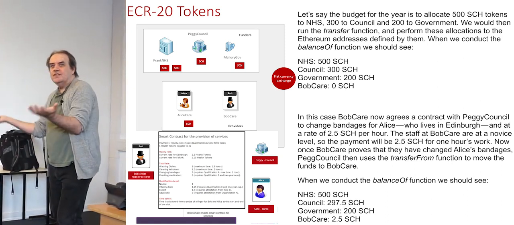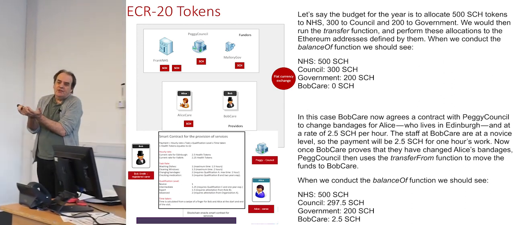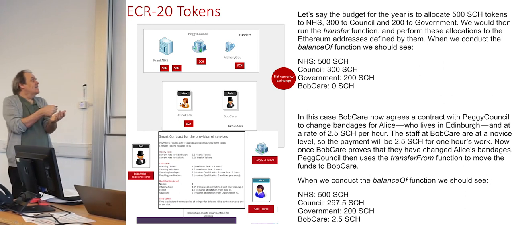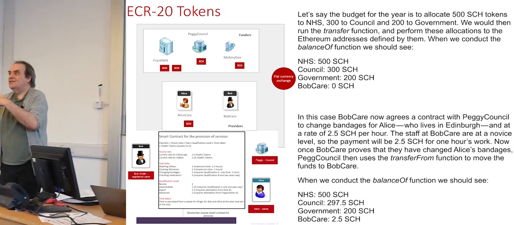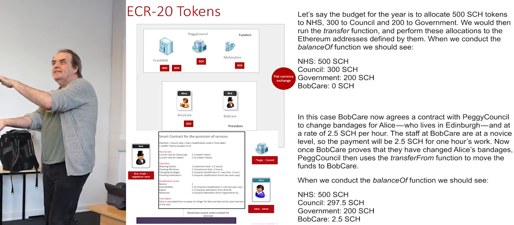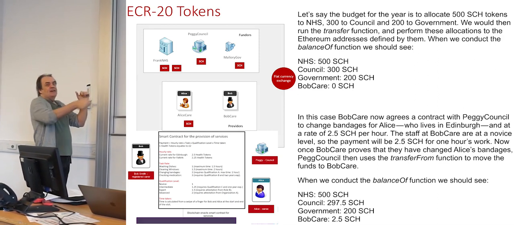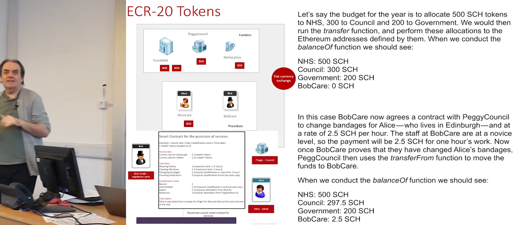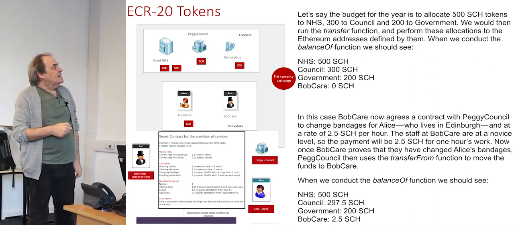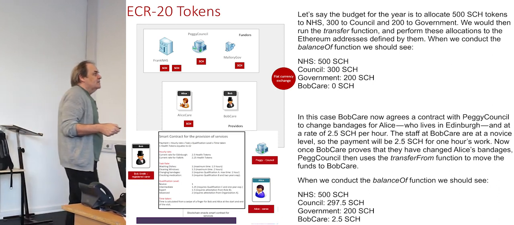So let's say the Scottish government could say we'll set up a fiat exchange and we'll make sure that you can convert the cryptocurrency back into real cash. So they have a reserve set aside, and then whenever anyone wants to cash out, they would cash out into a fiat currency. So here is the allocation. They've decided for the whole year that's going to be the number of tokens.